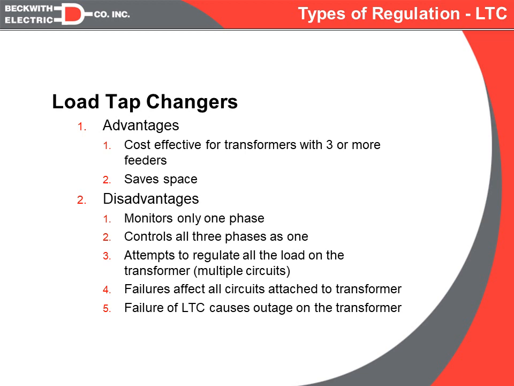So you can have the case where you cannot keep one of the customers close in on one feeder below 126 while keeping a customer on a longer feeder at the end of the line above 114. So because you're regulating more than one feeder, it assumes that each of the feeders is also balanced. So not only do we want our phases to be balanced, but we need the feeders to be fairly close to each other in the amount of voltage drop.